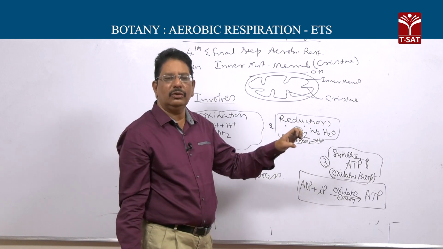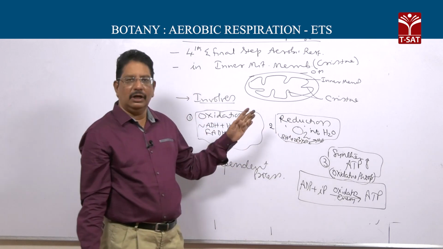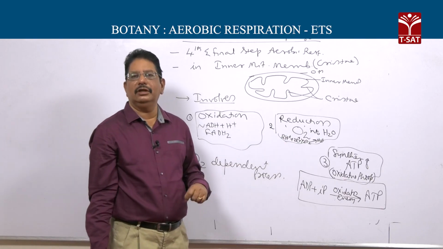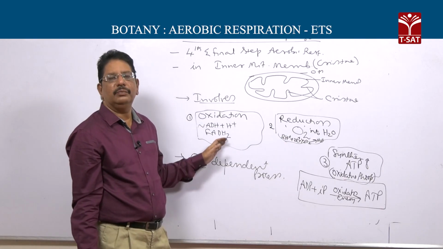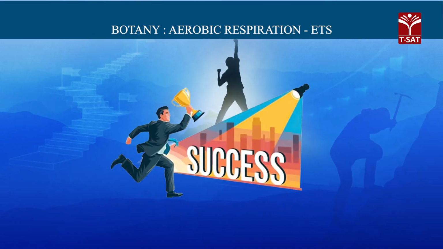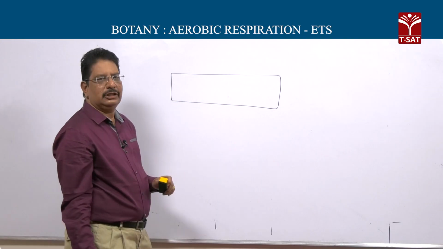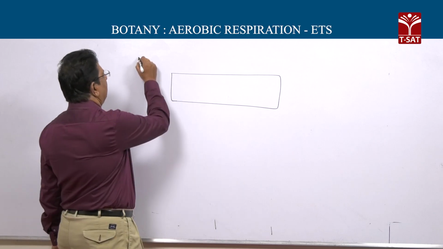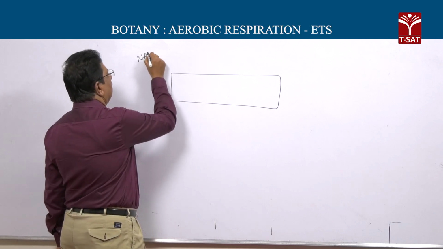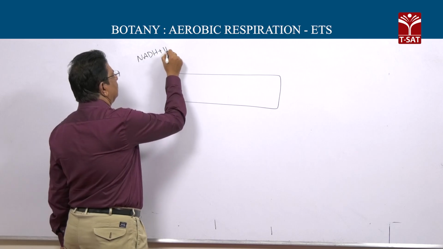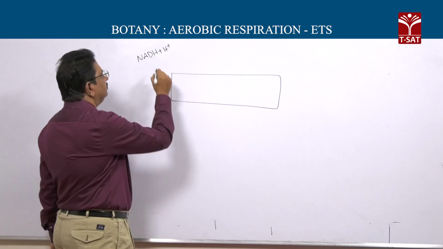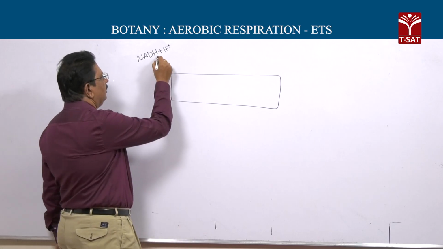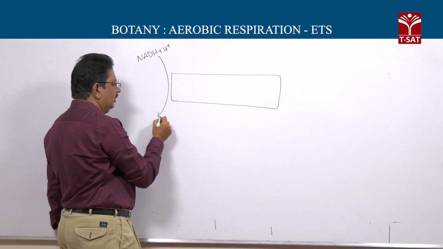So, O2's role, though it is evident in the last step, is important in the completion of aerobic respiration. So, let us see another aspect. During this fourth and final step, as I said, the NADH plus H+s, one form of reduced coenzymes, need to be oxidized.